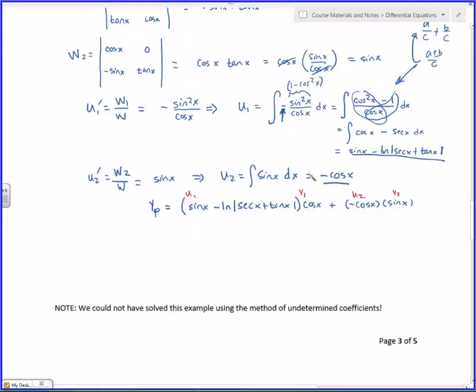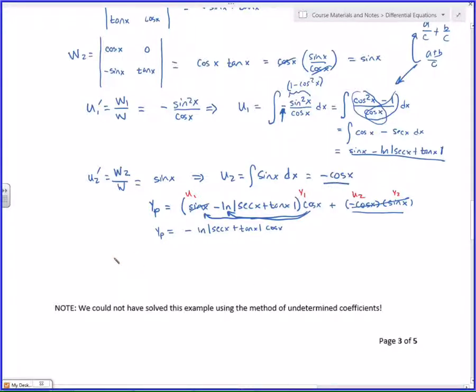And actually that simplifies a little bit, because if I distribute this to these two things, I get a plus cosine x sine x, and these cancel, right? So this cancels with these, and I'm left with yp as just negative natural log of secant of x plus tangent of x times cosine of x.